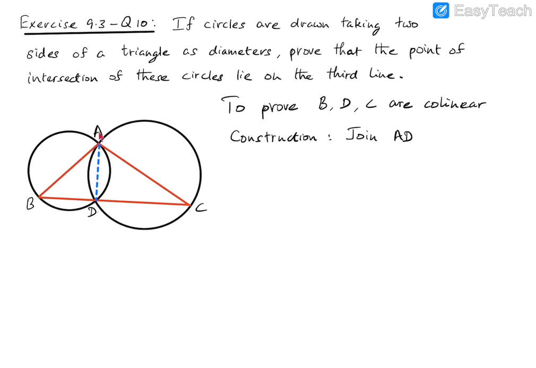the angle ADB is an angle subtended by the semicircle because AB is the diameter of the circle. So the angle ADB is the angle subtended by the semicircle. So let's write that.